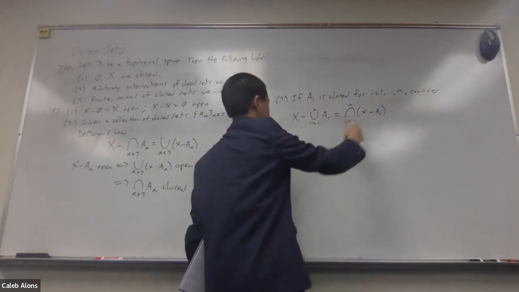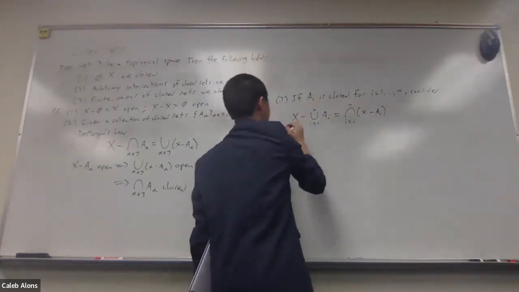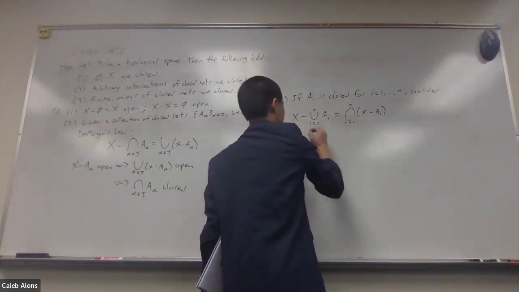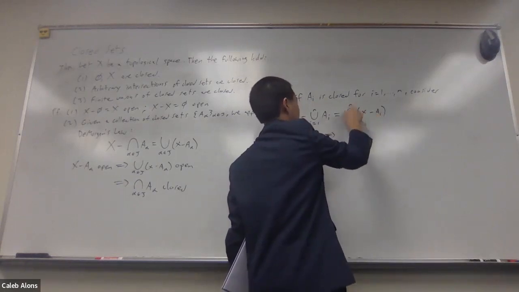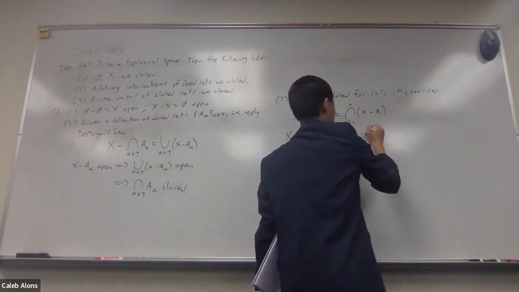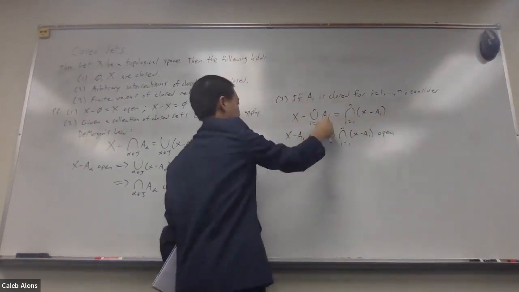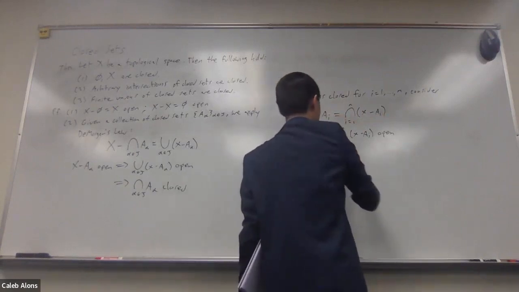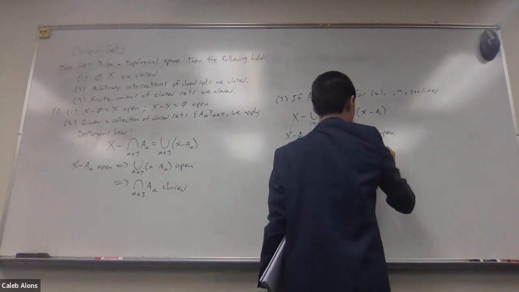And again, the logic is exactly the same, because A_i by hypothesis is closed, so its complement X minus A_i will be open. Since we have a finite intersection of open sets, that will be open as well. And then we have an open set, which is the complement of the union. So as we wanted to show, the finite union of closed sets is closed.